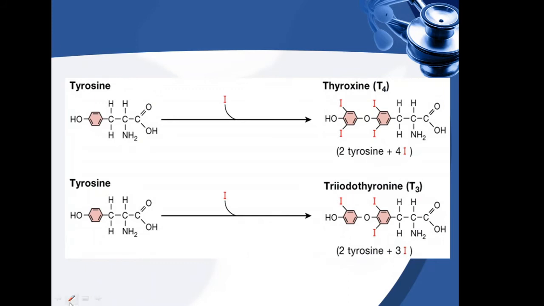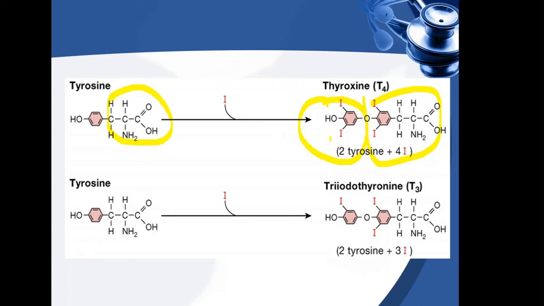This is the structure of tyrosine, and this is the structure of T4, and this is the structure of T3. Here you can see that this much is a molecule of tyrosine, and this is the second molecule of tyrosine. The only difference is that this portion has been removed in the second molecule.